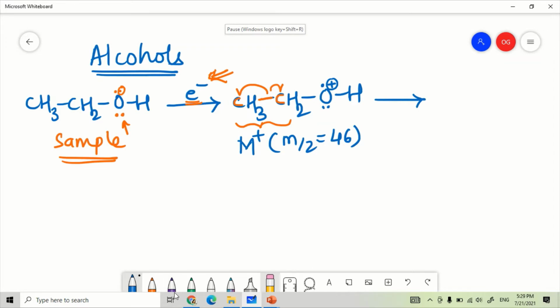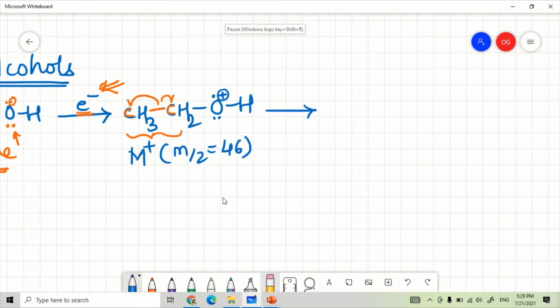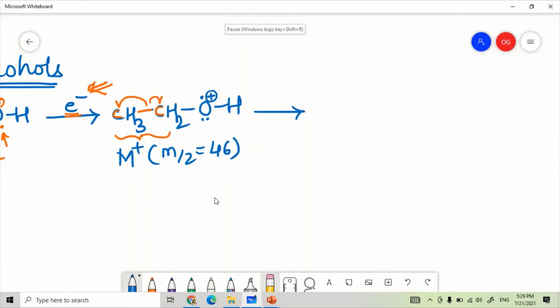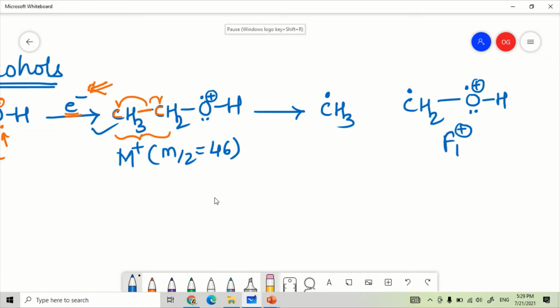So how will the fragment ion look now? This first CH3 which has one electron, then I have this CH2 with one electron, with this oxygen with two lone pairs, and hydrogen. Now this is the fragment ion which is formed.